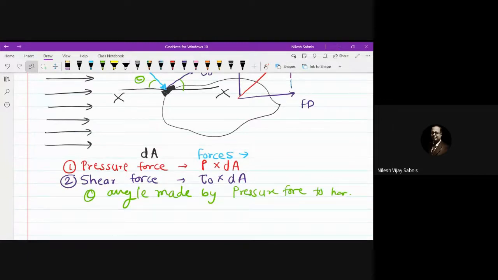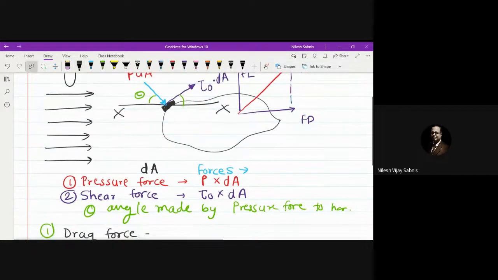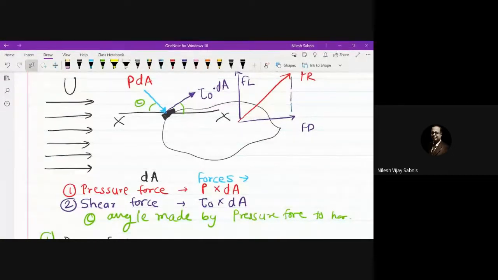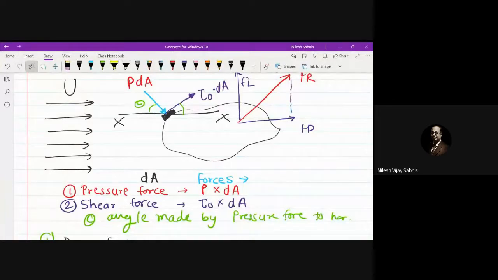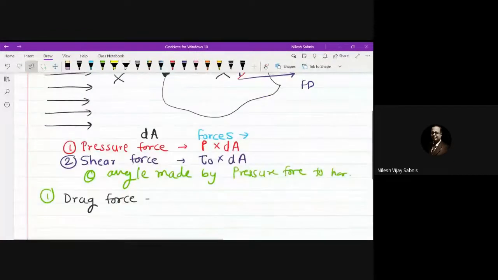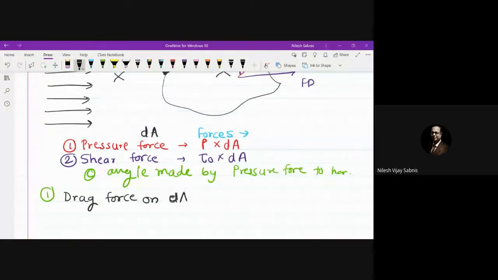So what will be the drag force? First is the drag force from this diagram. According to the definition, the drag force on the elemental area is all the components in the direction of flow. So we are considering that small element and calculating the drag force on it. The force due to pressure in the direction of motion on dA.